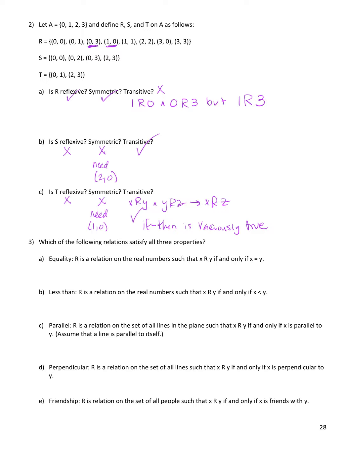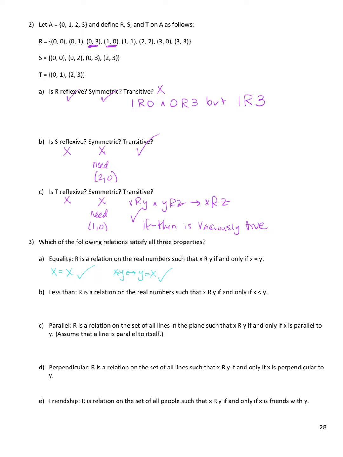Okay, which of the following relations satisfy all 3 properties? So equality, is it reflexive? If you have any number, is it always equal to itself? Yeah. Symmetric: if X is equal to Y, then Y is equal to X. Yeah, if you have 2 numbers that are equal, the order of the equality doesn't matter.